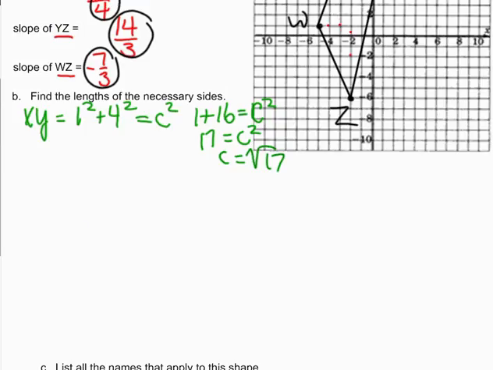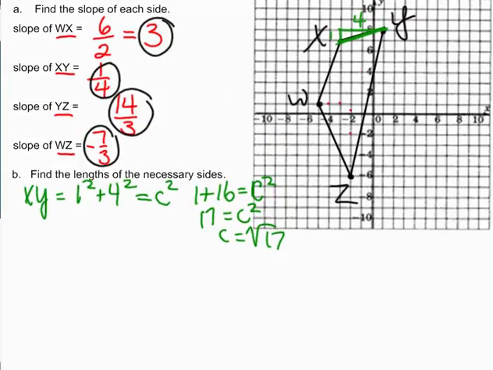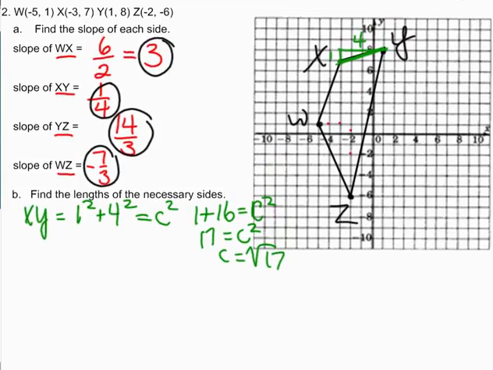Okay, so now as I scroll up, I'm going to look here and say, okay, the next side that I need to figure out is a consecutive side, which would be XW. So let's figure out what XW is. This one right here.